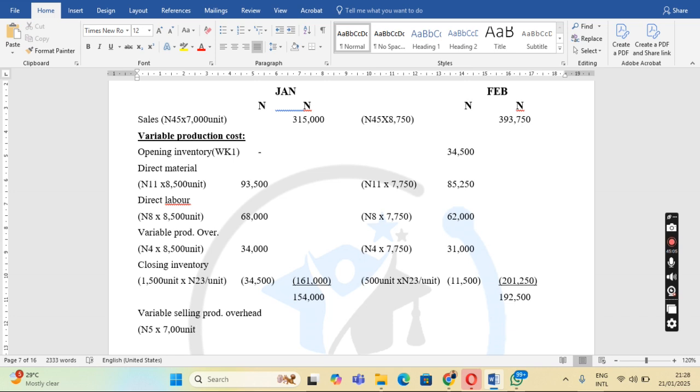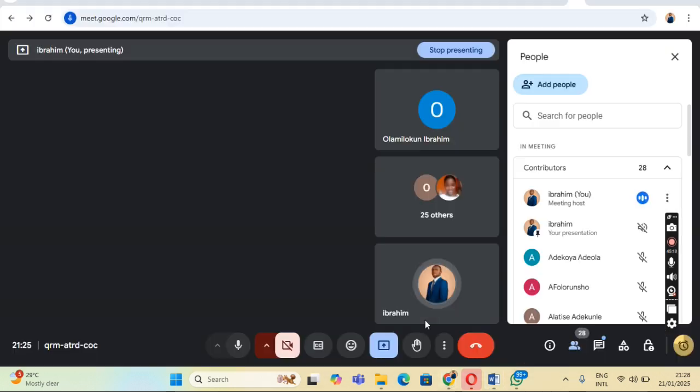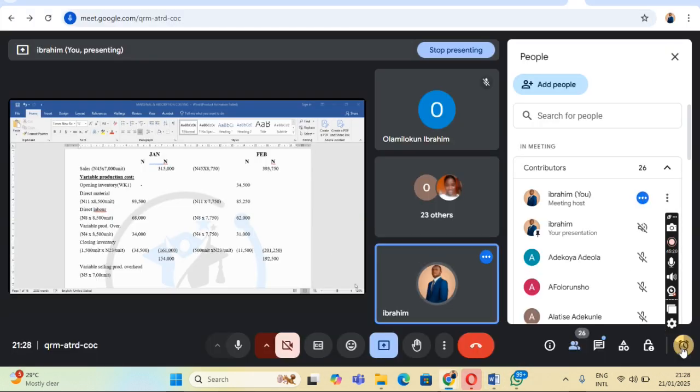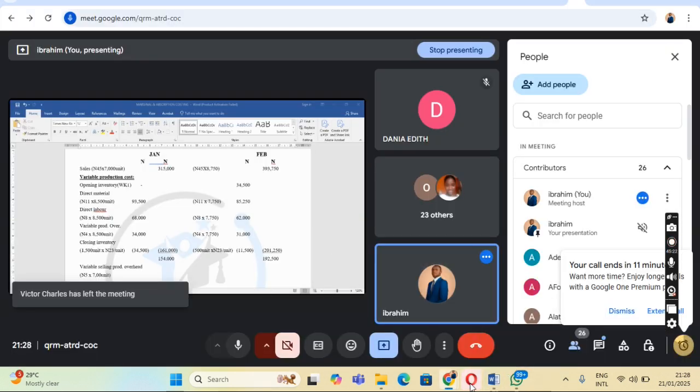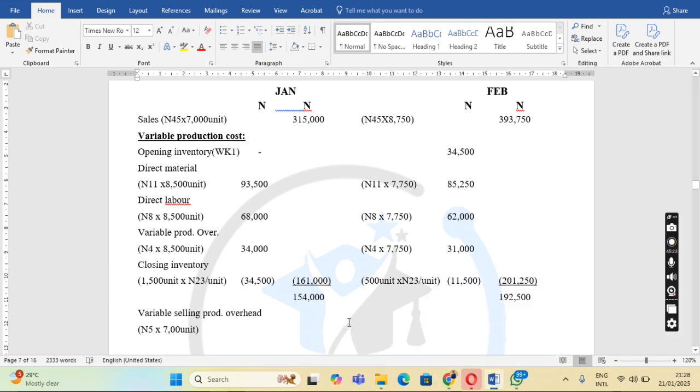Oh, variable selling goes with sales. So what do we have? Quickly give me the figure. That's 35,000, right? So this is 35,000. So please calculate this as well.